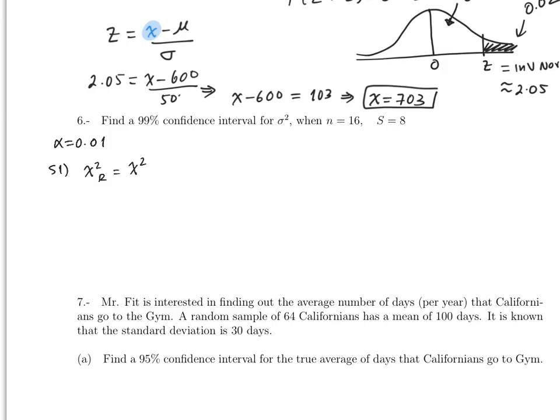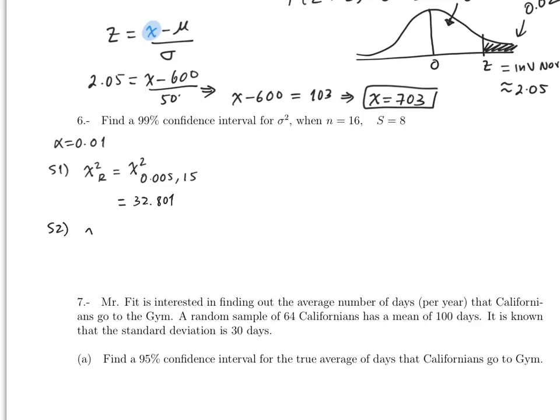This is chi-squared of 0.005, because alpha has to be divided by 2. The degrees of freedom is 15, because remember the degrees of freedom is n minus 1. If we look to the chi-square table, this is equal to 32.801.